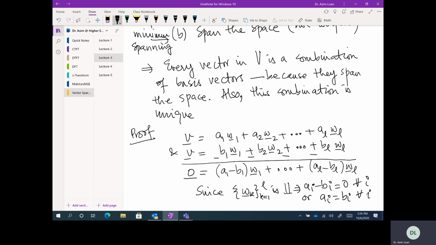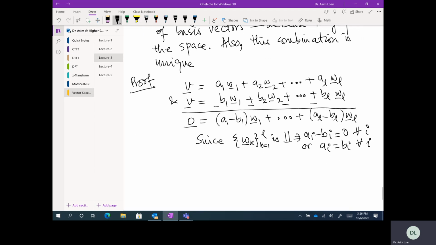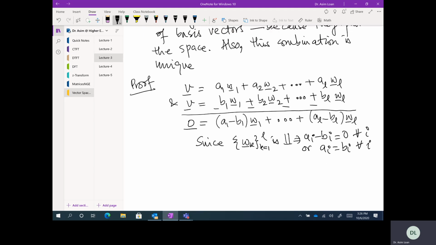So this representation is unique. Probably you're familiar with the i hat, j hat, k hat vectors in 3D space. These also form a basis. So for 3D space, i, j, k form a basis.